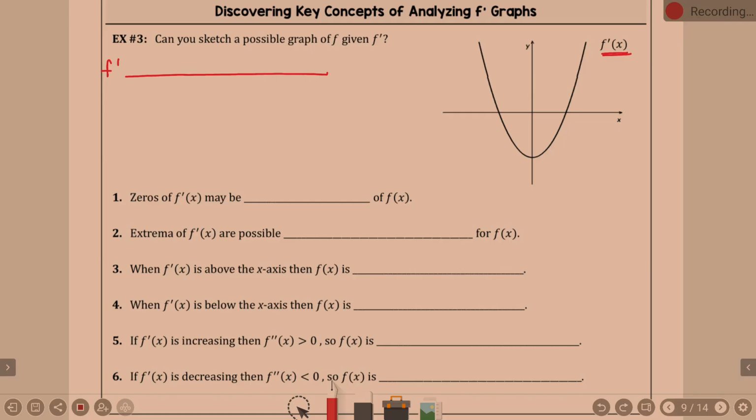Key points are going to be where the graph does what? Intersects the x-axis. Yeah, intersects the x-axis. They didn't give me numbers here. In my notes, I made them A and B, just so I have something to call them. Okay, so here, I'm going to talk about A and B.